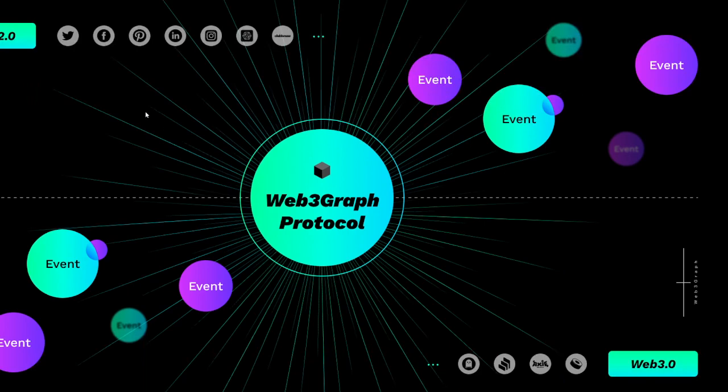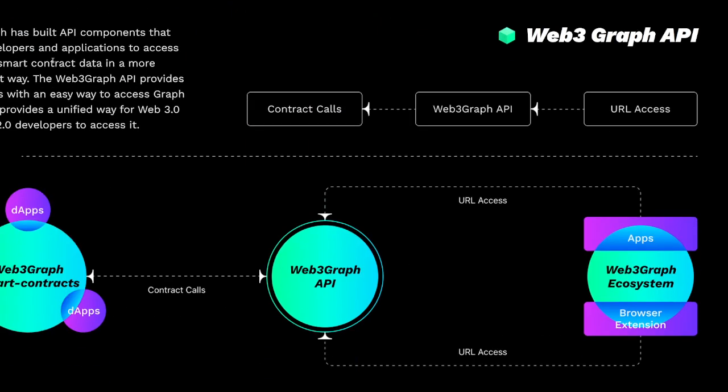But the cool thing about Web 2.0 and Web3 Graph is that we have events, and more events. That's something we've noticed in the past with crypto: charts and prices are usually moved throughout the crypto space because of these events that take place. So Web3 Graph has built API components that allow developers and applications to access on-chain smart contract data in a more convenient way.